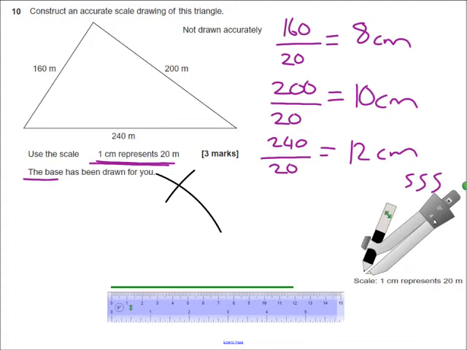Now what we need to do is draw a line from each of the ends of our baseline and label our diagram. So draw a line from the left hand end to the crosscut, which is our 8 centimetres, and from the right hand end to the crosscut, which is our 10 centimetres.